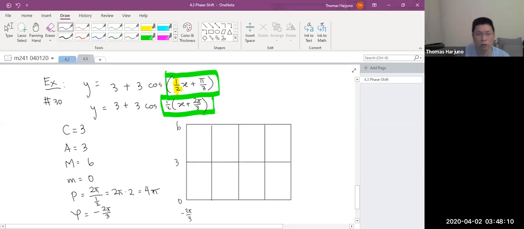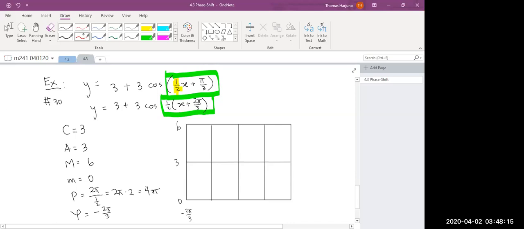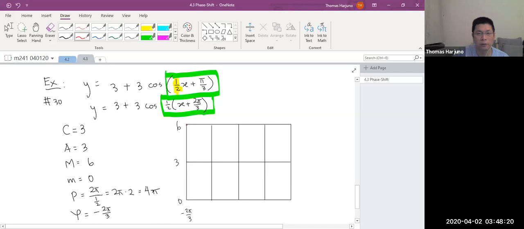Okay, let's do the shape first. So I start from the top, middle, bottom. From the top, because it's cosine with positive coefficient. Something like this. And then I have 4 pi, negative 2 pi over 3 plus 4 pi.